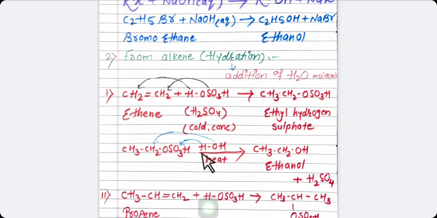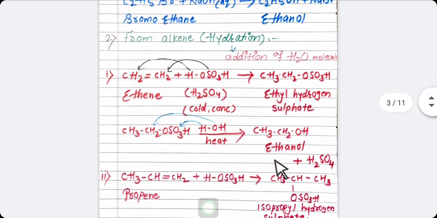Hydrogen attached with the OSO3H group turns into H2SO4 again, and the OH group attached with the ethyl group forms alcohol, that is ethanol or ethyl alcohol. Clear to all of you? It is your symmetrical alkene.